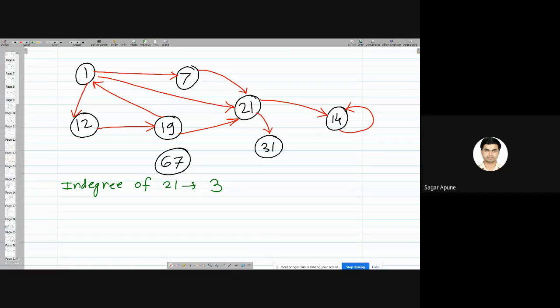Okay. Then tell me the adjacent nodes for the 19 vertex. Post your answer first.